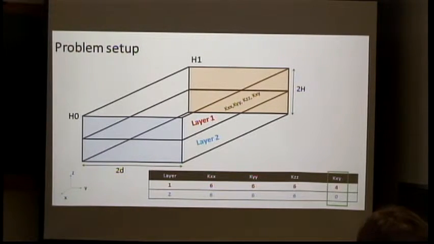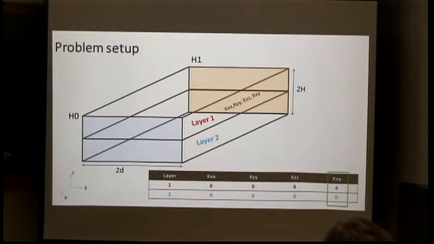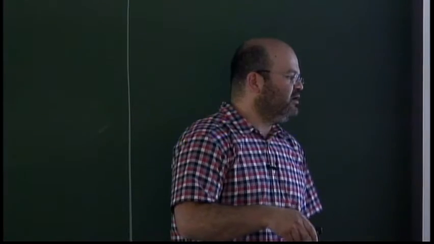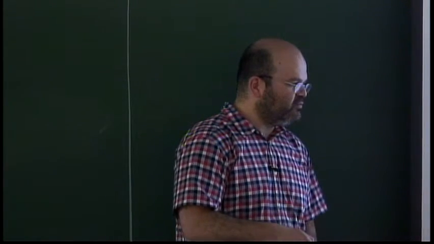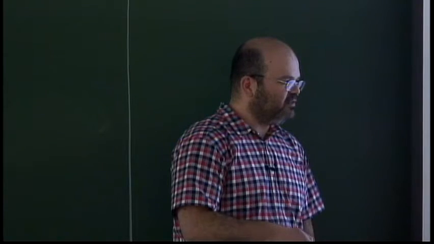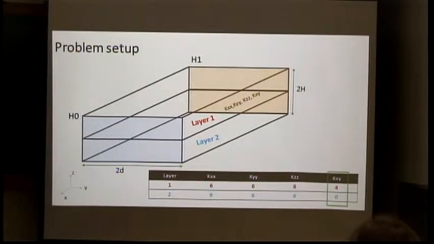There are two homogeneous layers, and that is very important. There is no heterogeneity more than that, two layers. They have the same diagonal terms in the hydraulic conductivity, and only these off-diagonal terms will account for anisotropy in the first layer. So very simple.